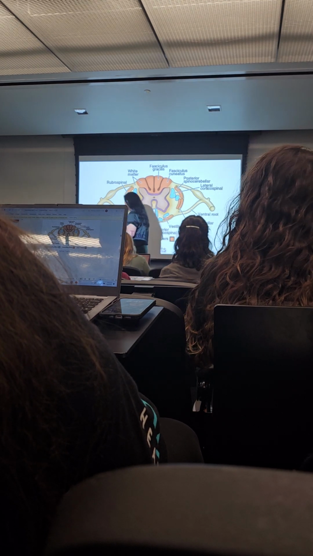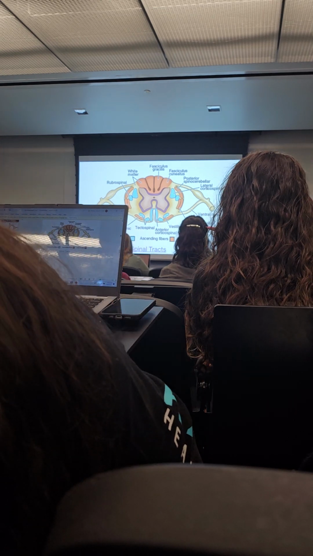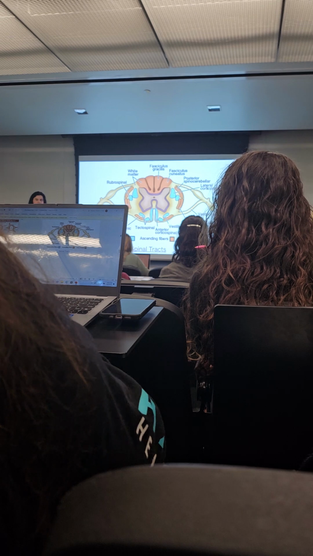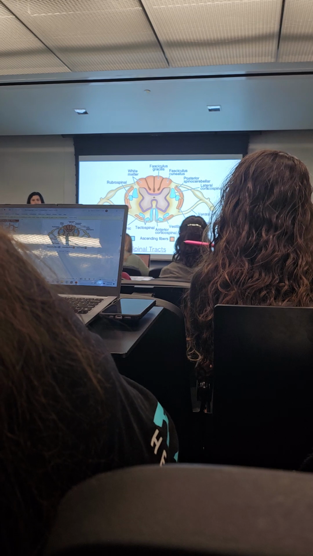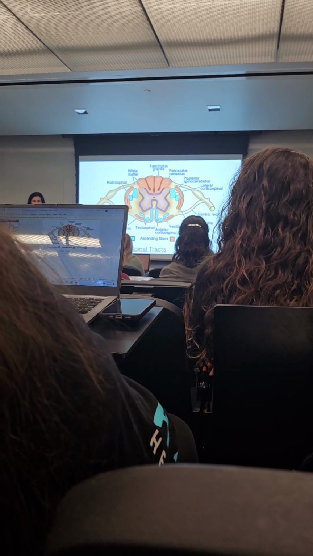Right? And there's still white and gray matter in our spinal cords. That's really all I care about that you guys know. Anterior, motor, posterior, sensory. When we talk about spinal cord injuries, it helps you understand what's going on.